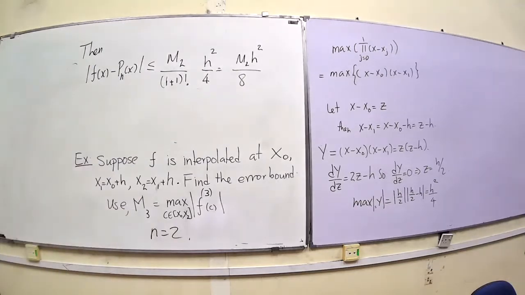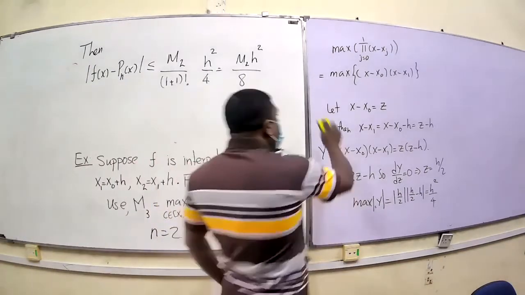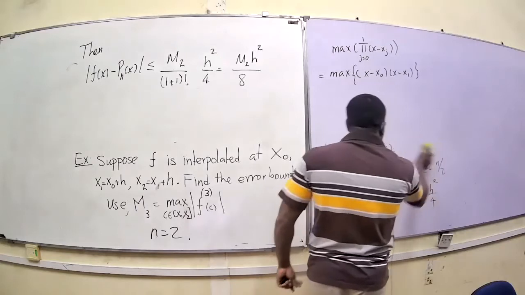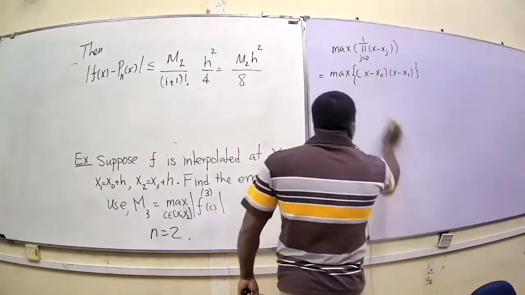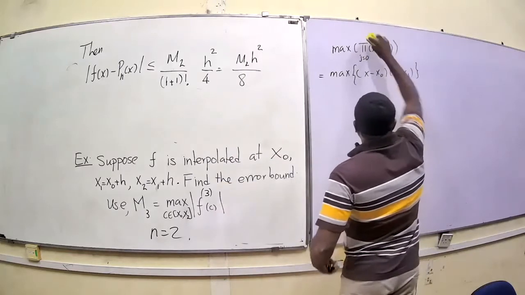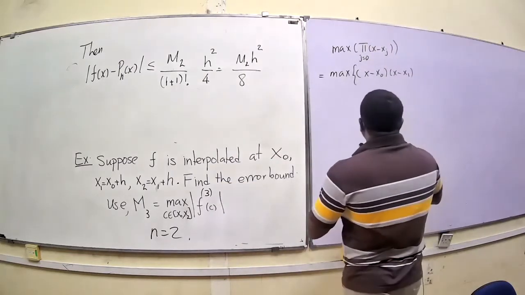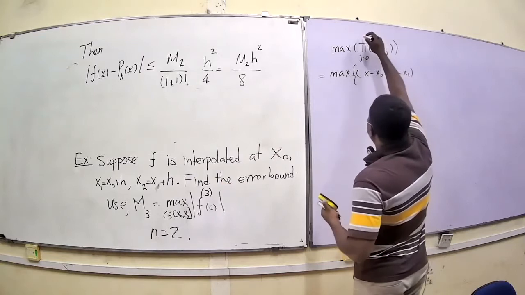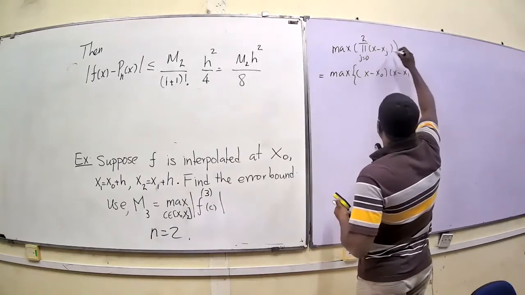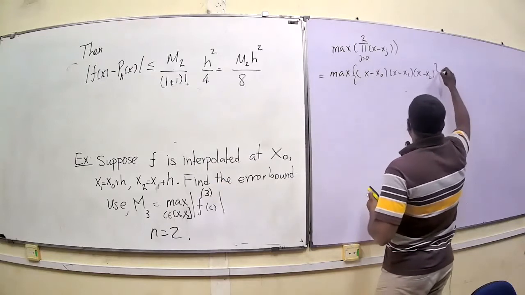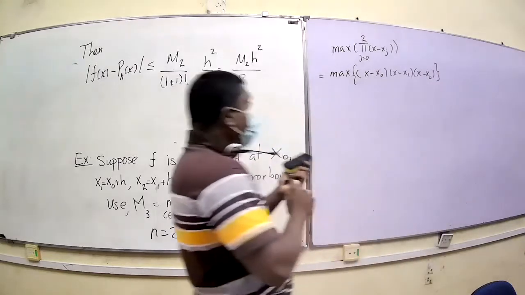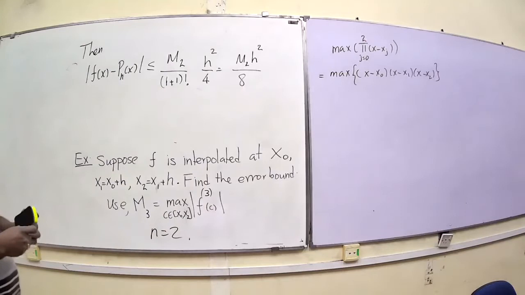So I know N is equal to 2. So now the only thing is, you have to find the maximum of this function, right?